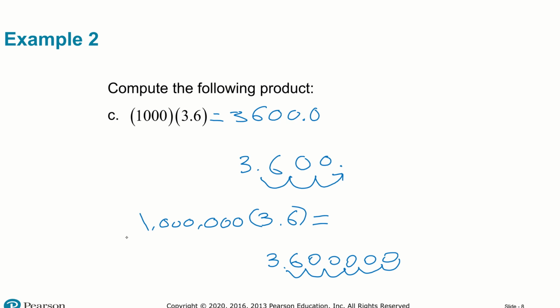So we have 3, 6, and then 1, 2, 3, 4, 5, and then we put the point 0 to indicate the significant digits as far as computations. And now if you want to read it, of course, start on the right and count every 3, put a comma, so you can see that's 3,600,000.